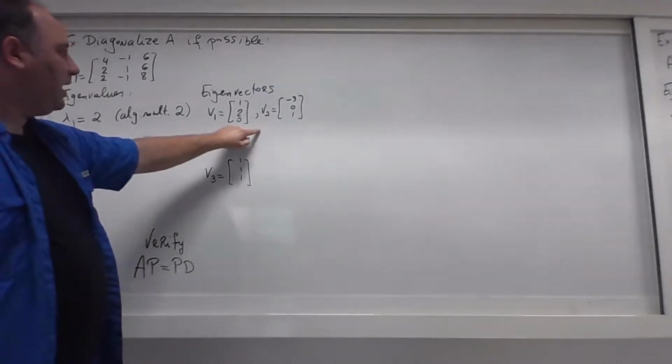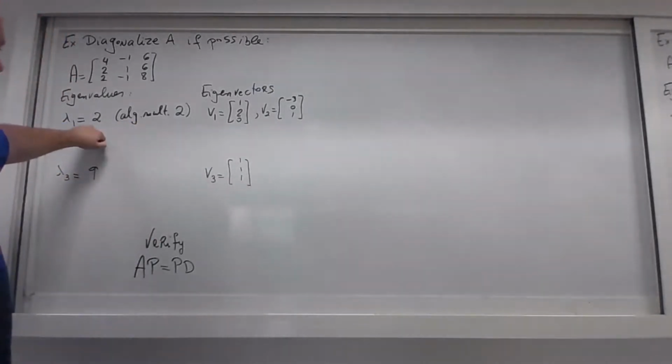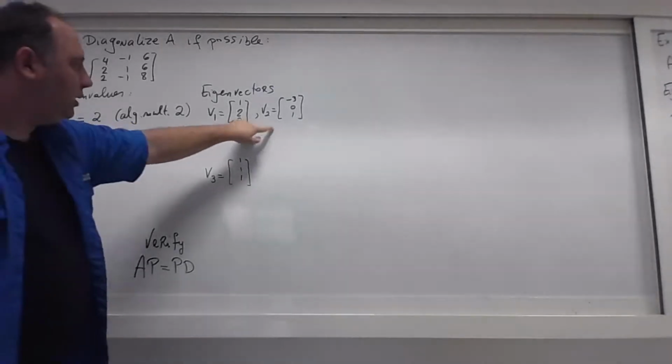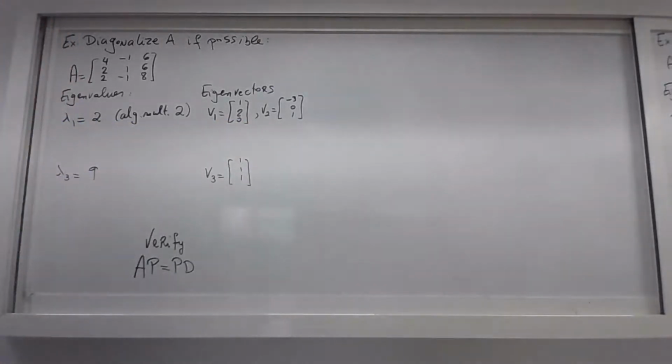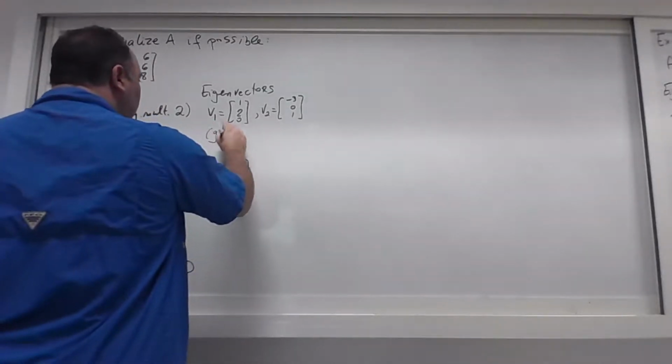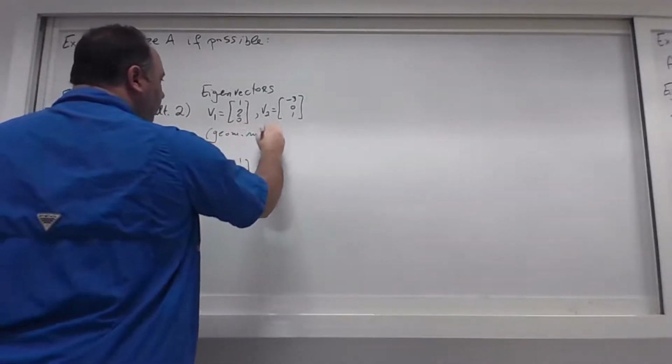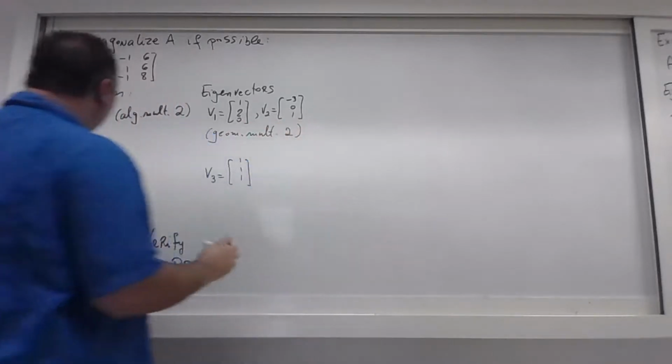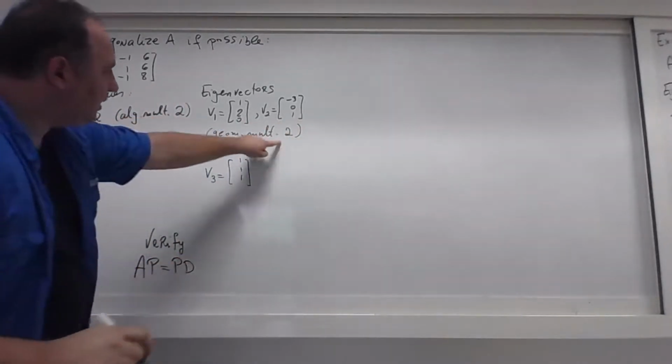So the dimension of the eigenspace associated to eigenvalue 2 is 2, because these 2 guys are generating the eigenspace, and they are obviously linearly independent by the construction, by the process. So I have here geometric multiplicity 2 also. So that's good news. Algebraic multiplicity is equal to geometric.